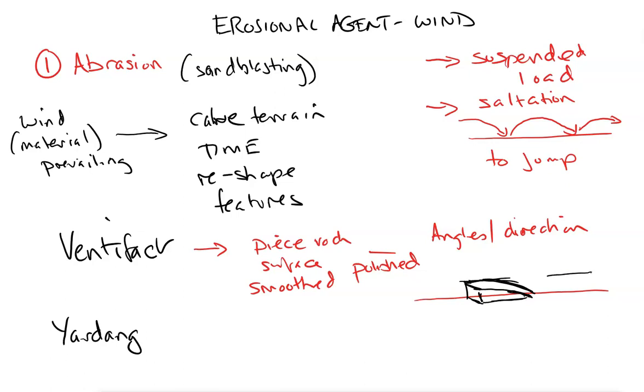The wind's coming from this direction, and it starts to smooth off. And if it changes direction from this direction, it will then change the angle and smooth off different parts of the rock. So you get this singular rock that's smoothed off and polished, like it would be in a very large stream or river, but it was in a very dry area. That's caused by the wind.